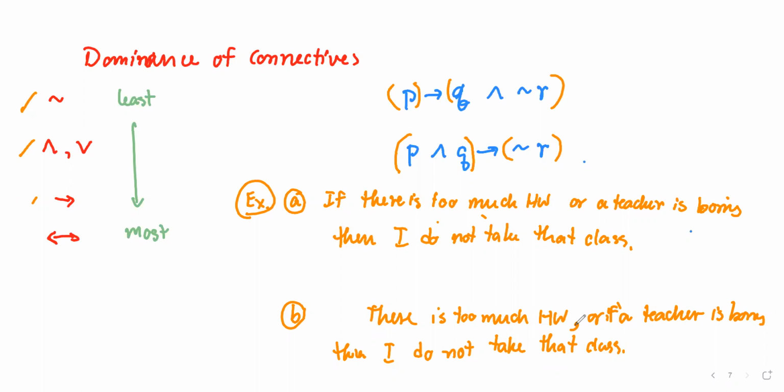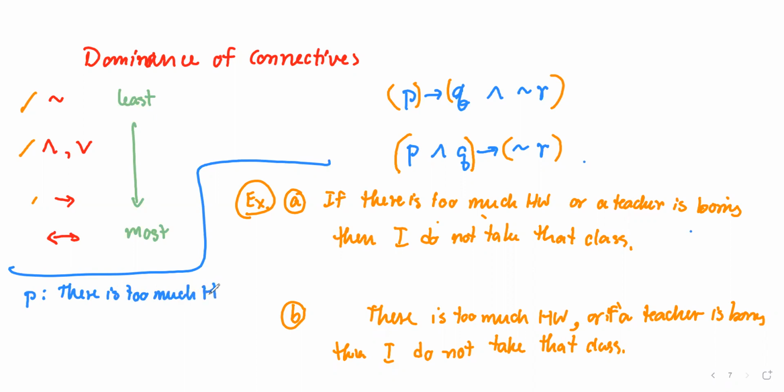For this situation, if the problem doesn't define the simple statements for you, like what P, Q, and R are, you have to set it up on the side. Or I will ask you to define them. Let P be: there is too much homework. Statement Q: a teacher is boring.